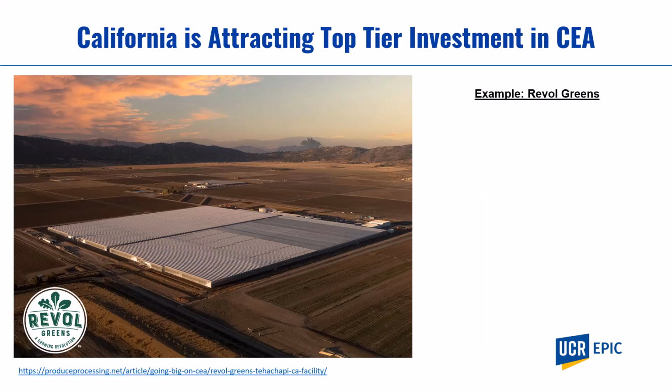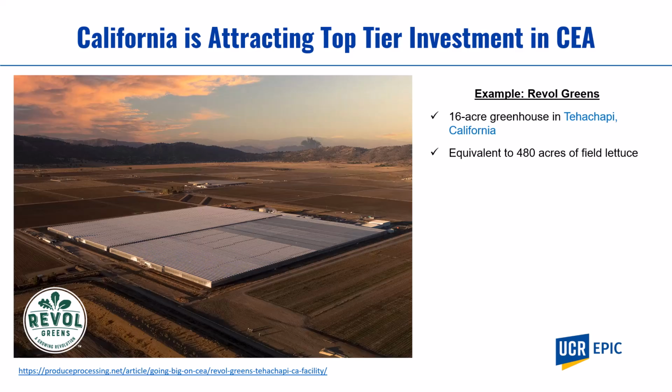Now, I wanted to share some details about this facility because I find it to be so cool and it involves a lot of what we're going to talk about today. This is in Tehachapi, California. It's on the southern end of the Central Valley and north of Riverside, and has 16 acres of greenhouses. They're claiming that these 16 acres of greenhouse for lettuce production is equivalent to 480 acres of field lettuce.